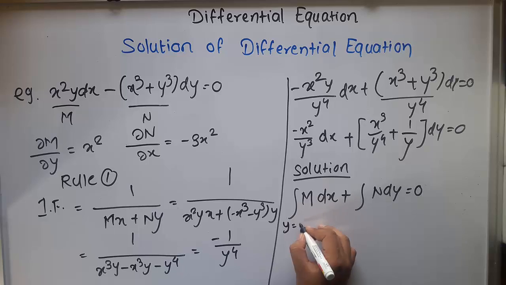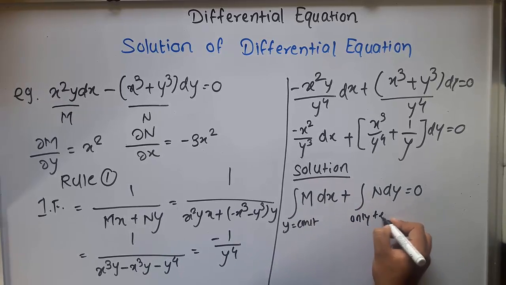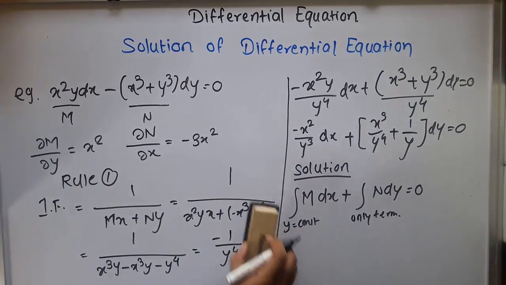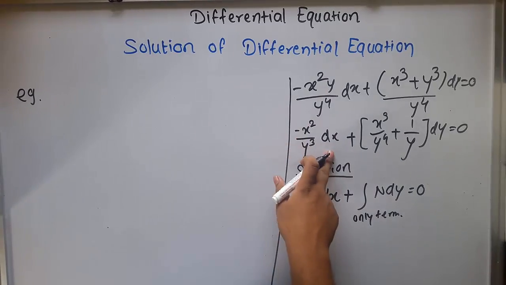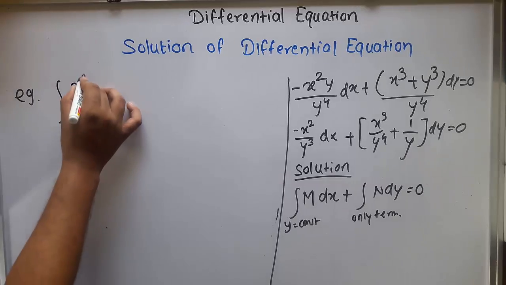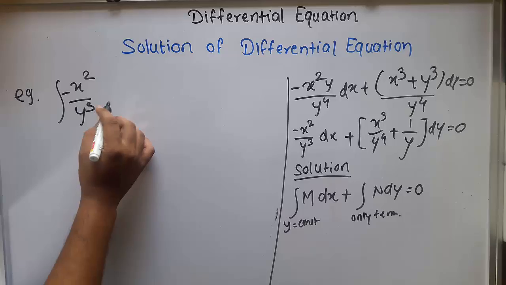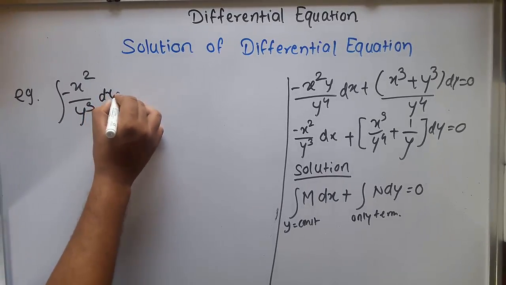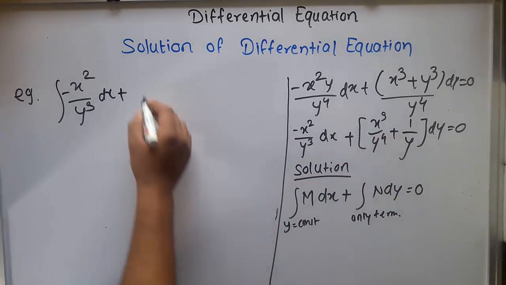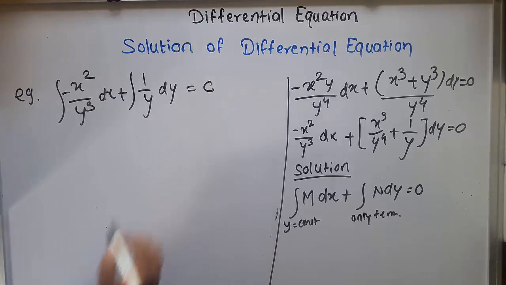Here y is constant while taking integration, and here only y term we get. So how to find the integration? Now we totally deal with this equation, not the previous one. So integrating minus x square upon y cube dx plus N, we take only 1 by y, it's 1 by y dy equal to c.